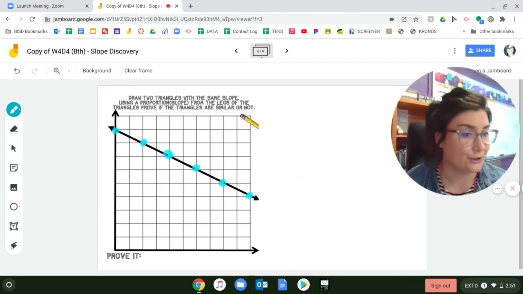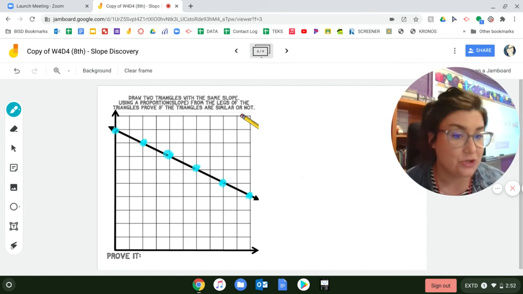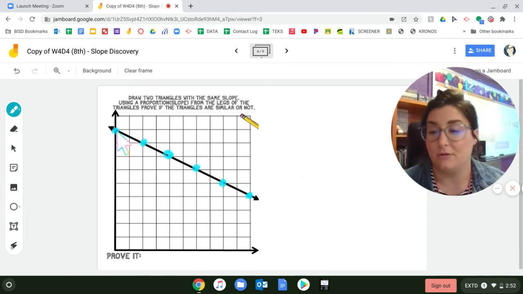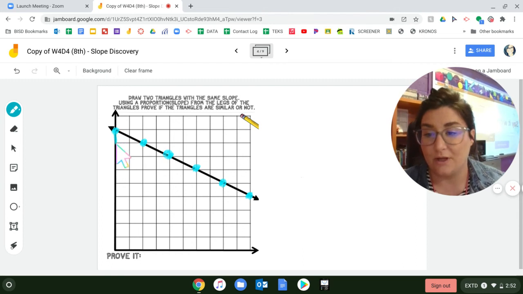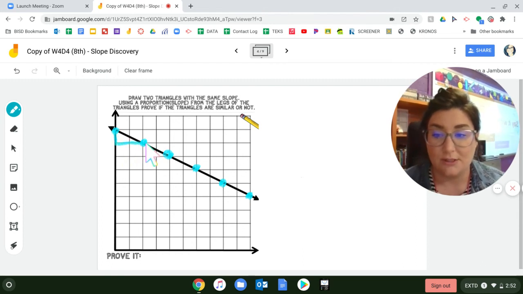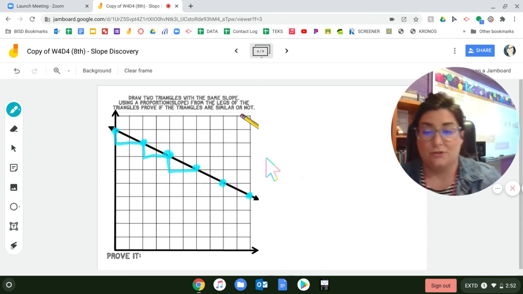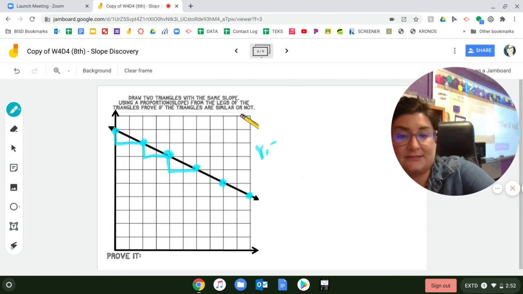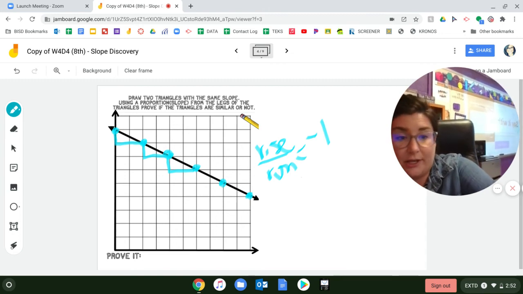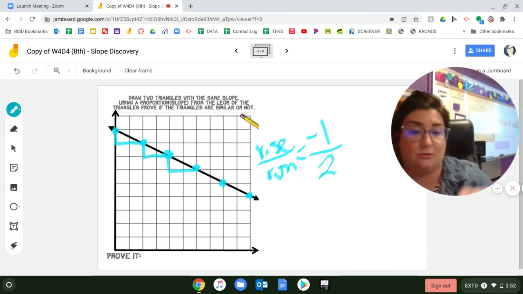I see a pattern. I don't know if you noticed the pattern. Remember that pattern is actually the slope. I'm going down 1 over 2. Down 1 over 2. Down 1 over 2. So my rise over run is down 1, so negative 1 over 2.